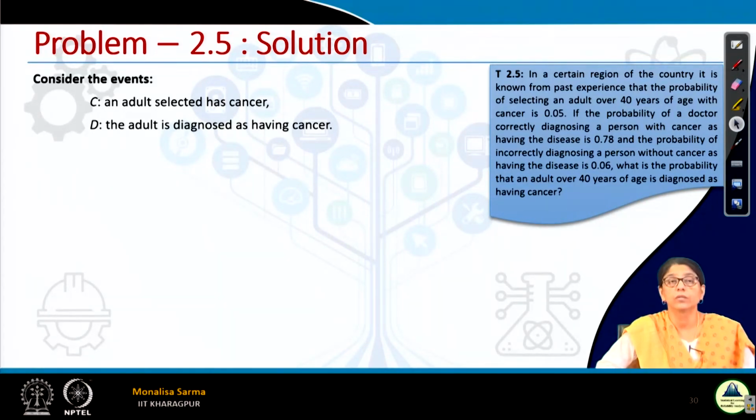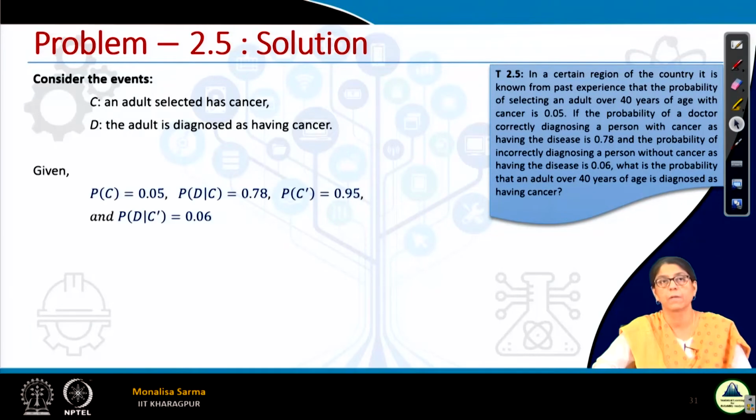So, here event C is an adult selected has cancer and D is the adult is diagnosed as having cancer. Now, what is given? First thing given, probability of C is 0.05, an adult over 40 years of age with cancer is 0.05.